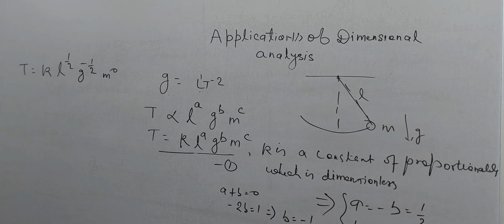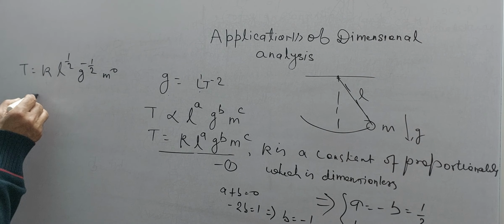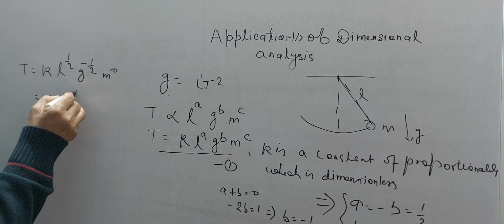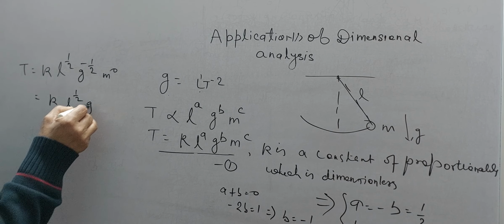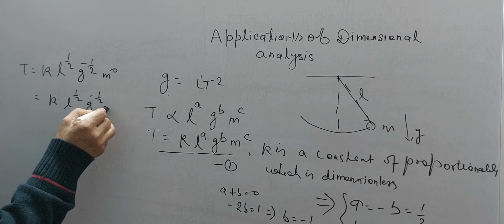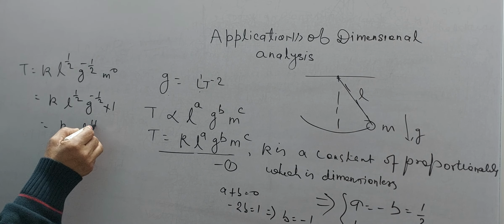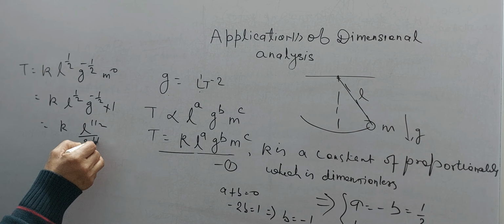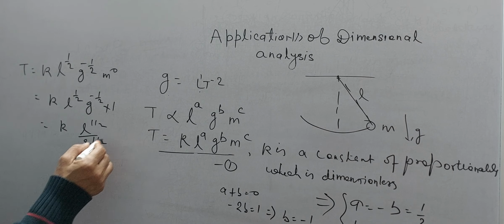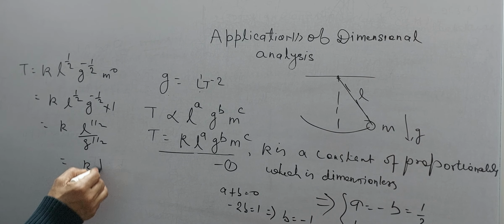If any physical quantity has power 0, its value becomes 1. Therefore it comes out K L to the power half, g raised to the power minus half, into 1. So finally it becomes K root L by g.